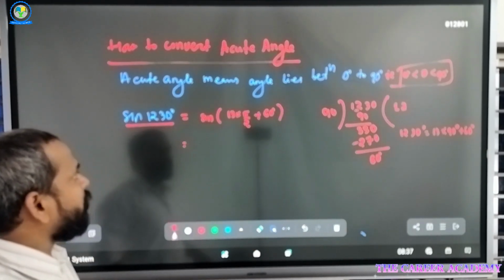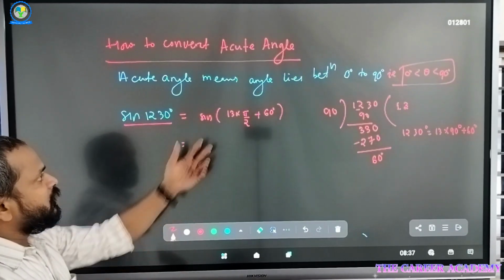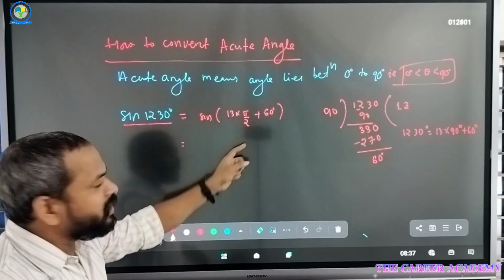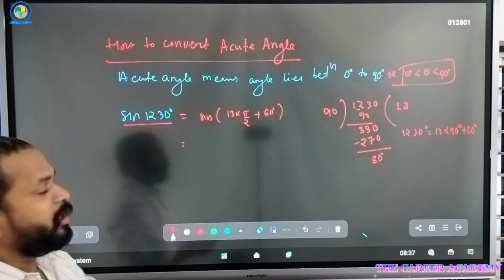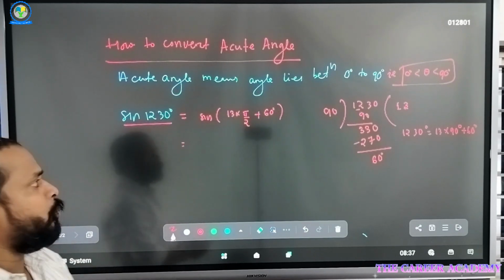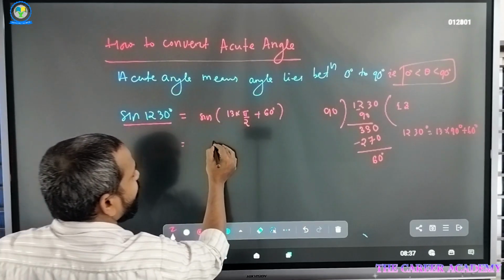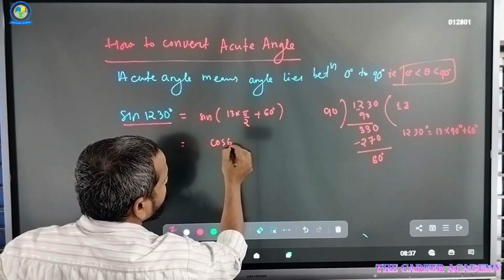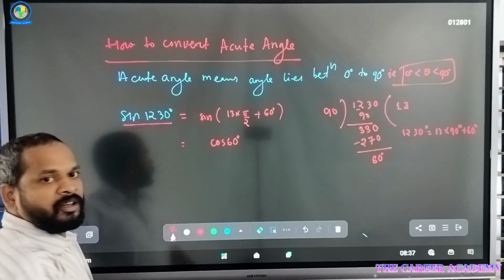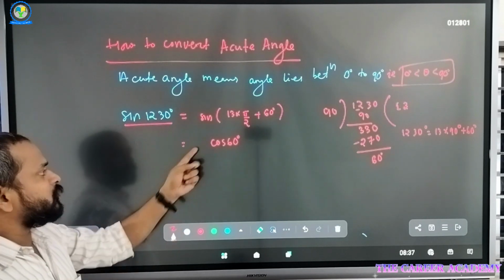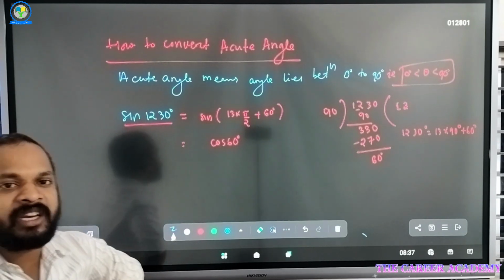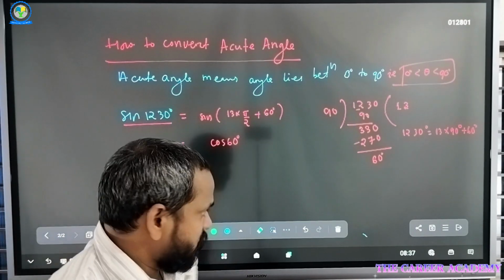See, what did we study in the previous class? Previous class I told you, if it is pi by 2 form, then sine can be changed into cos 60 degree. Clear? But what happens about the sign, whether it is a plus sign or a minus sign?